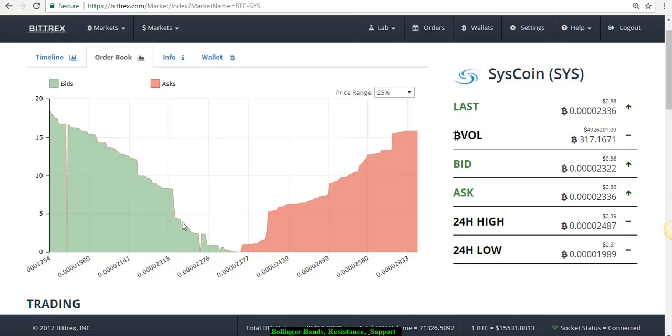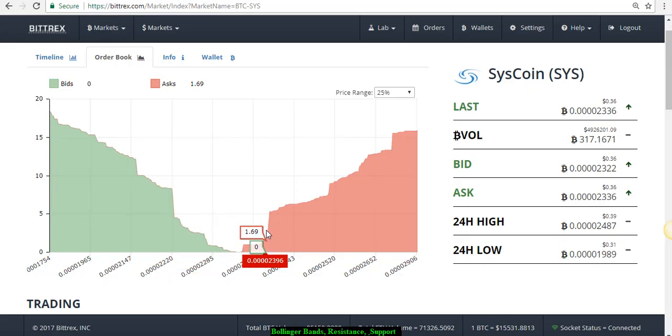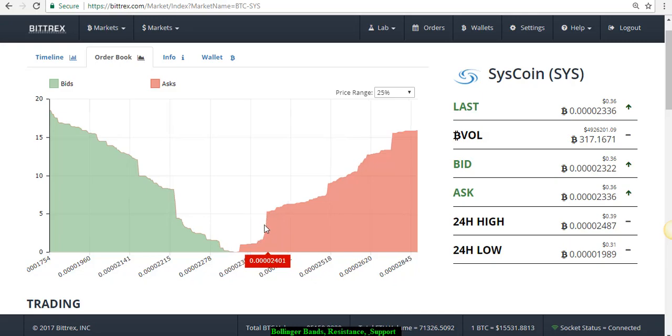So in order for the market to be pushed back down to 2,222 Satoshi, it needs a volume of 4.41 Bitcoin. At 4.41 Bitcoin, we need to have a volume of about 2,400 right in here along this sell wall.